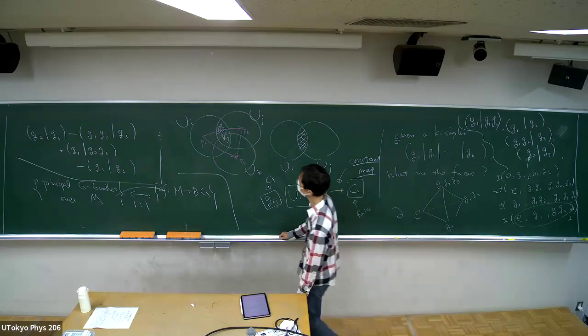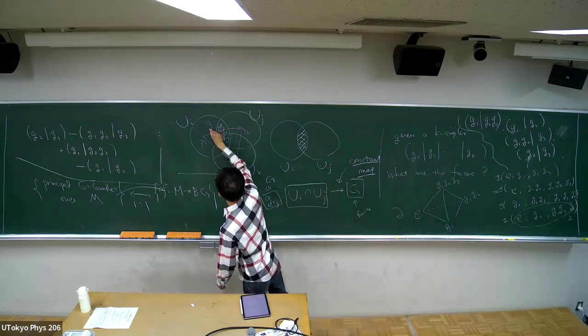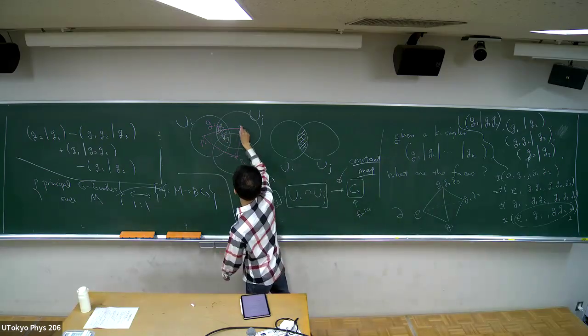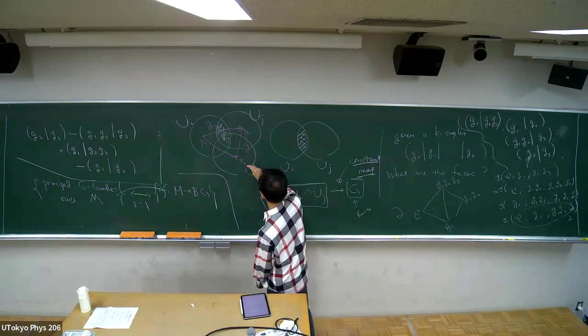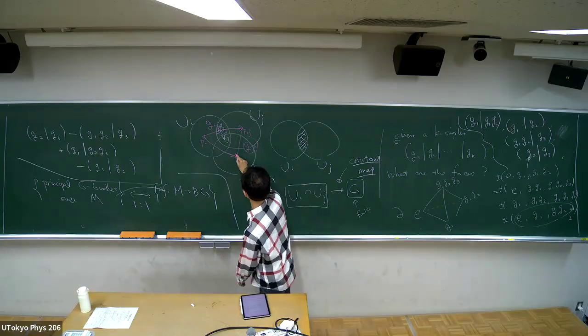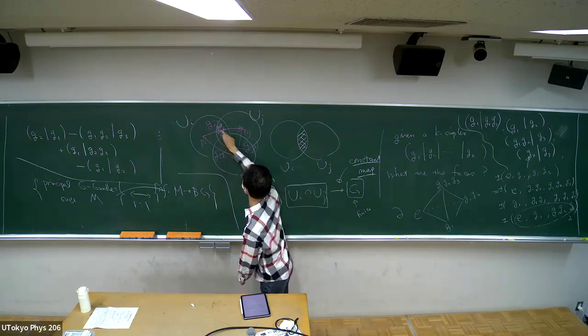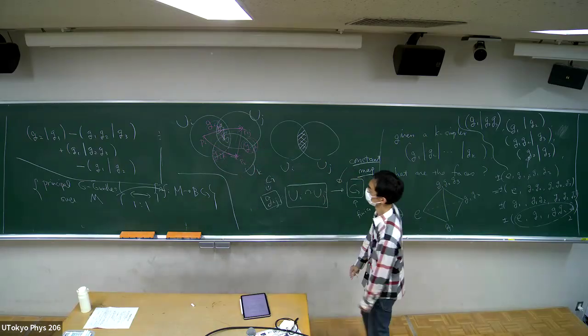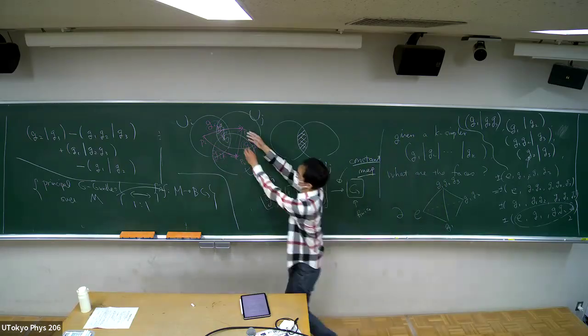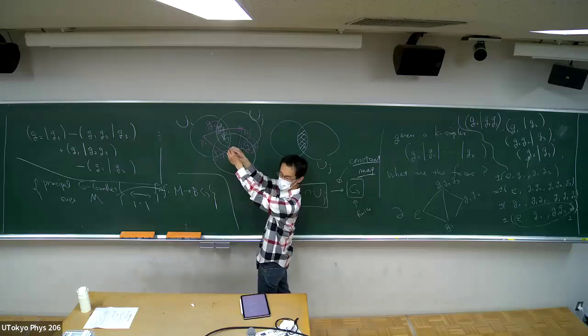So you can assign element Gij for this edge, element Gjk for this edge, and element Gik for this edge, right? And then there's a tetrahedron and one additional vertex.